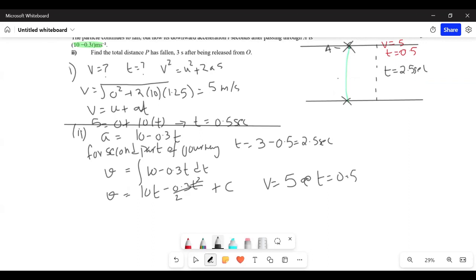So substitute that here and you will be able to get C. 5 is equal to 10 times 0.5 minus 0.3 upon 2, 0.5 square plus C. इससे आ जाता है C is equal to 0.75.